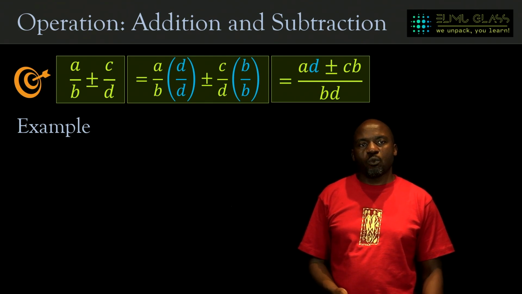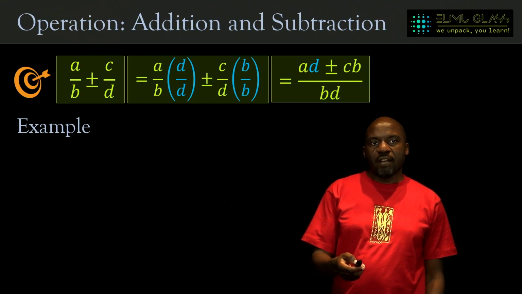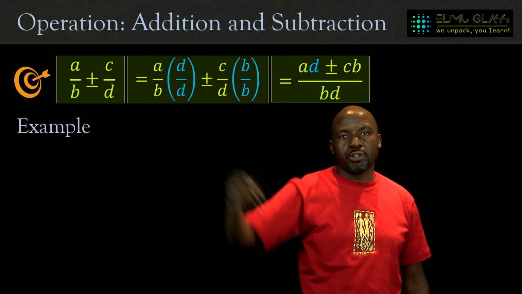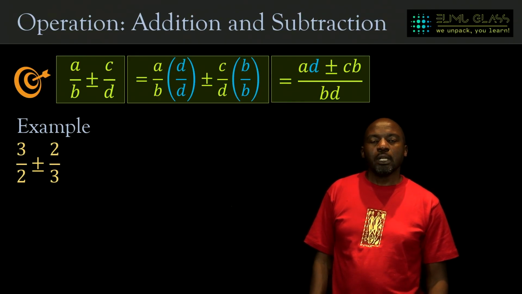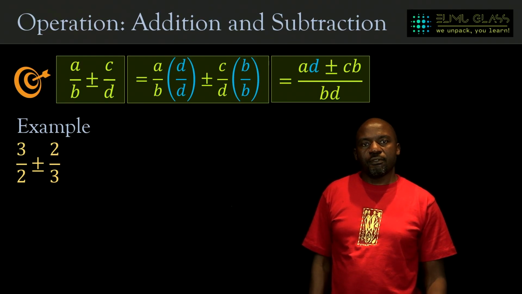There is a fast way of doing this, of course, without having to take it through this process. Here we can write the solution in one step. I'm going to show that now. So we have 3 over 2 plus 2 over 3.